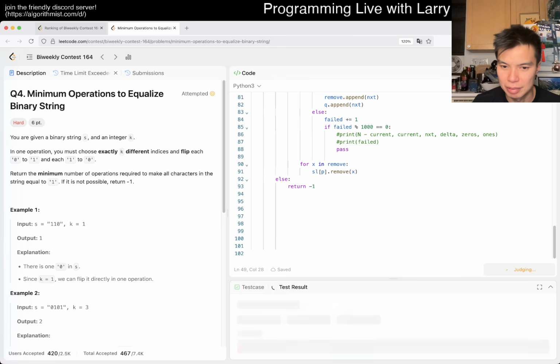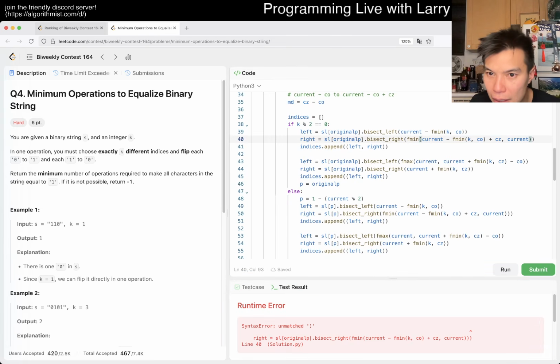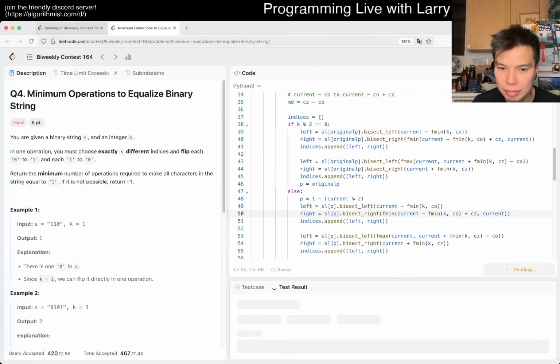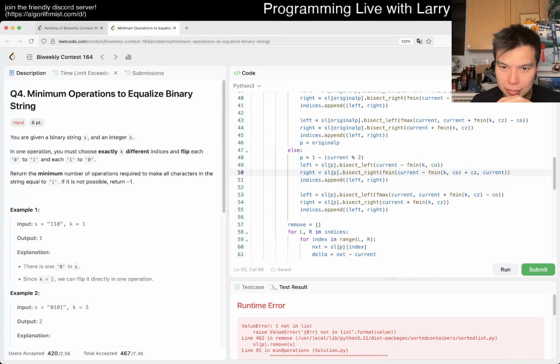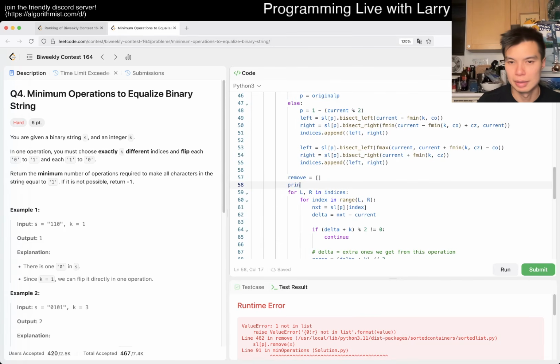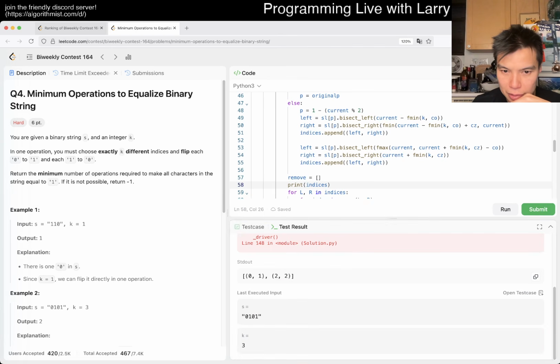Might have, oh, that's not what I expected actually. Yeah, that's what I was worried about, that the indexes overlap and then you have weird things.